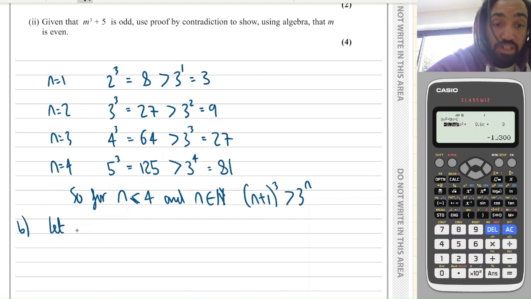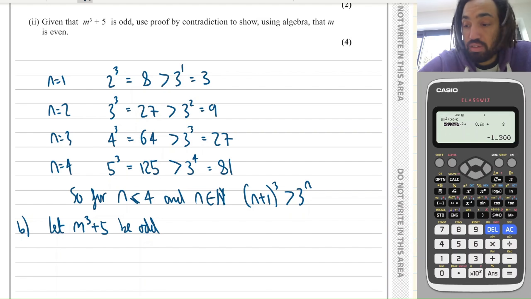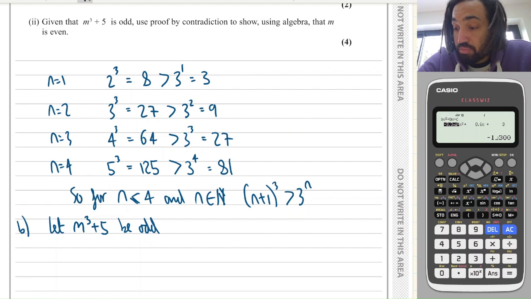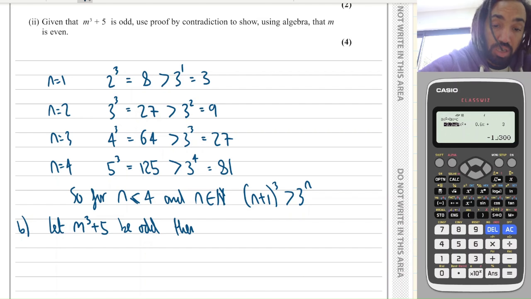So you're going to say let m cubed plus 5 be odd. Then m is odd.